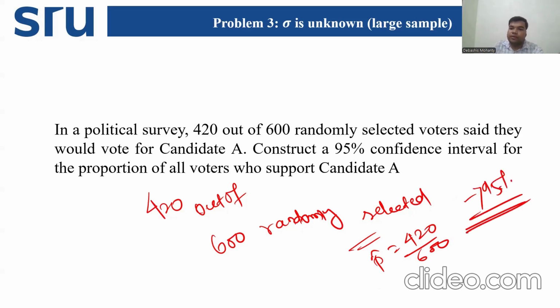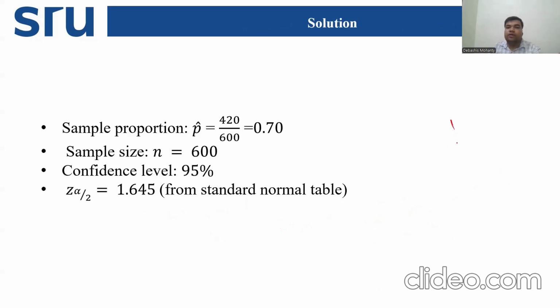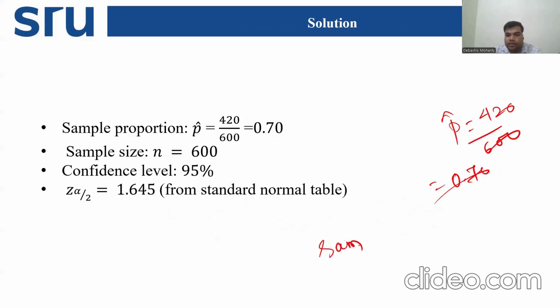So that P cap value we already got, so we have to apply this formula. Already I told the students P cap is 420 divided by 600, that is 0.70. Right? Next is the sample size. What is the sample size given? Means the n value. N value is equal to 600. And what is the confidence level?